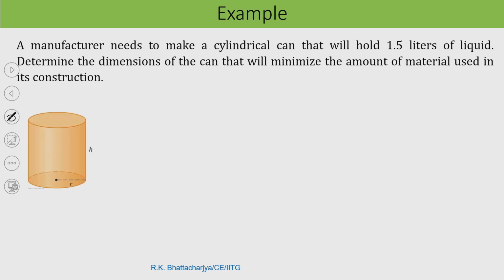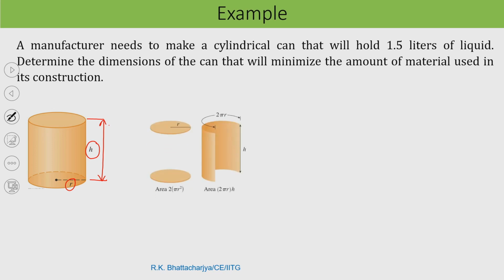Now, this is the can, a cylindrical can. The dimensions are the height of this can, h, and the radius, r. So, this is the height and this is the radius.